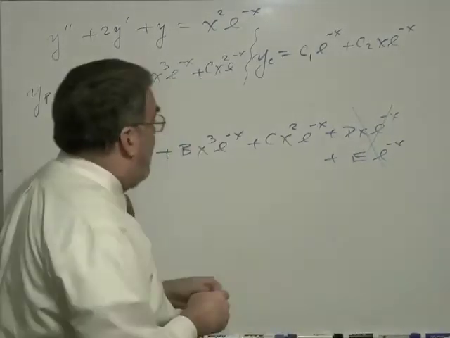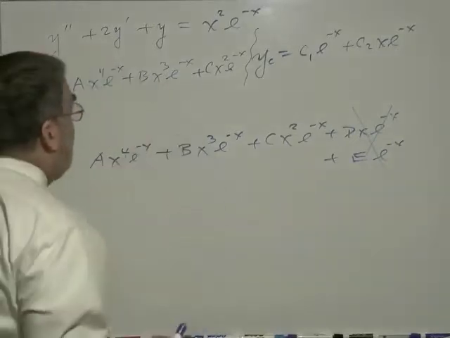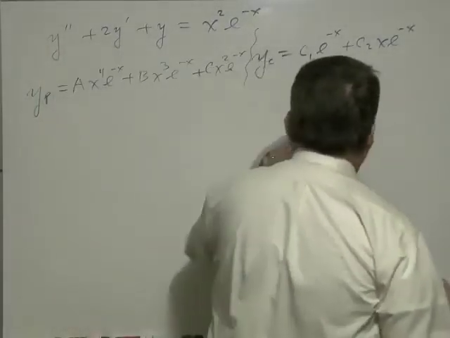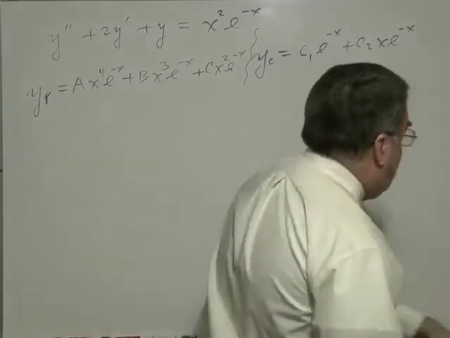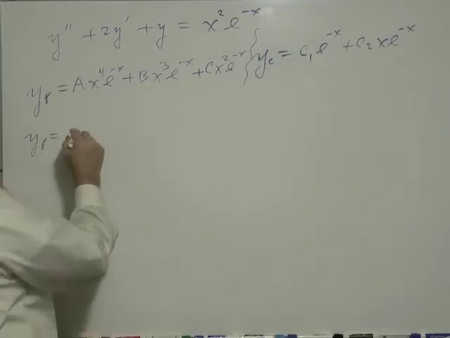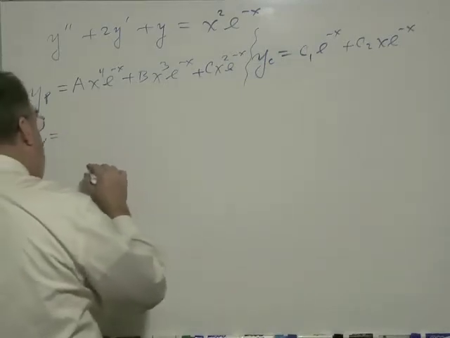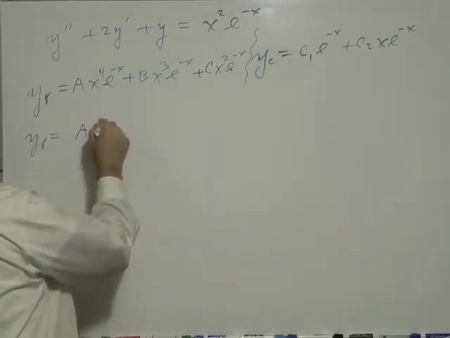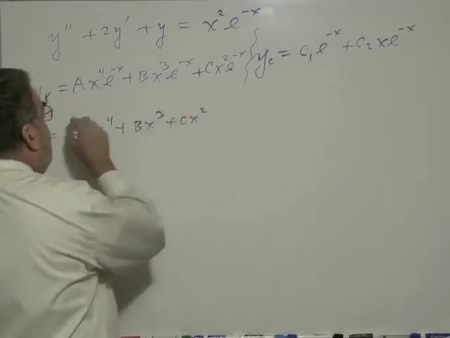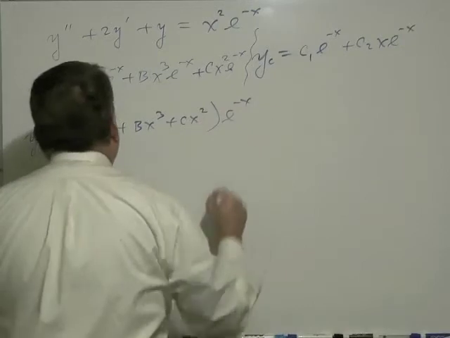Alright, so what we have is quite a mess, and I'm going to reorganize my particular solution this way. y particular: I'm going to factor out the e to the minus x. So it's ax to the 4th plus bx cubed plus cx squared, times e to the minus x.